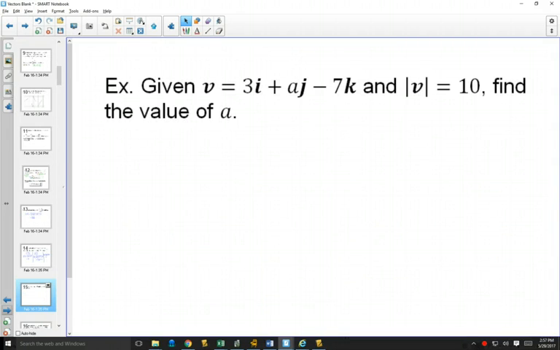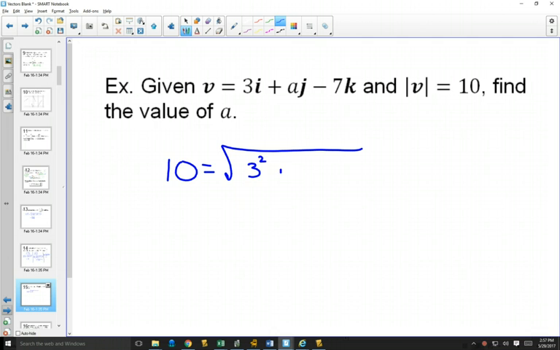Okay. Given v is equal to this, and the length of v is 10, what is a? Well, 10 would have to equal the square root of 3 squared plus a squared plus (-7) squared.